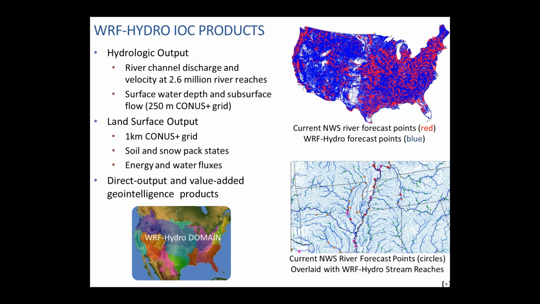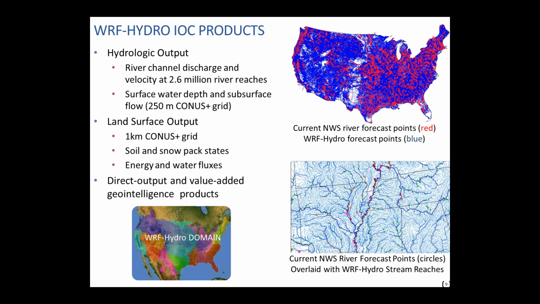And if you look in the bottom right, that's the current density of coverage for a particular point in the southern U.S. And what you'll see fade in is the denser stream network that WRF-Hydro will be simulating on.